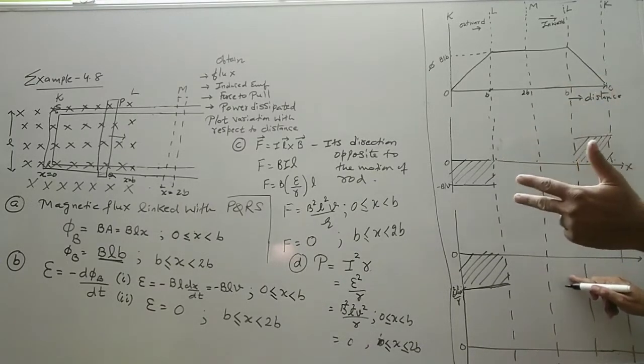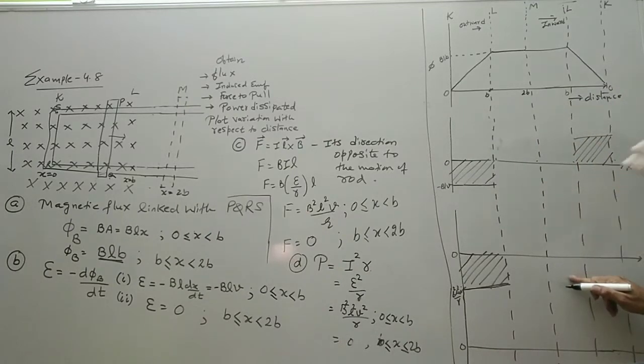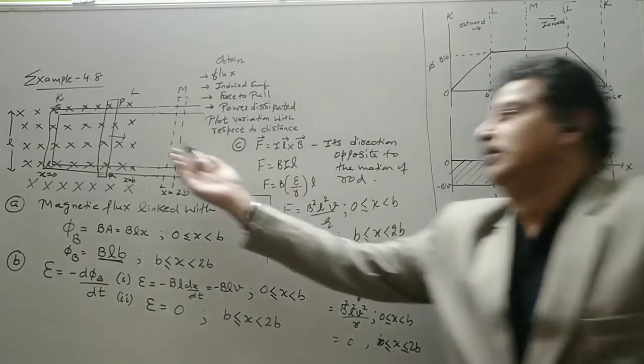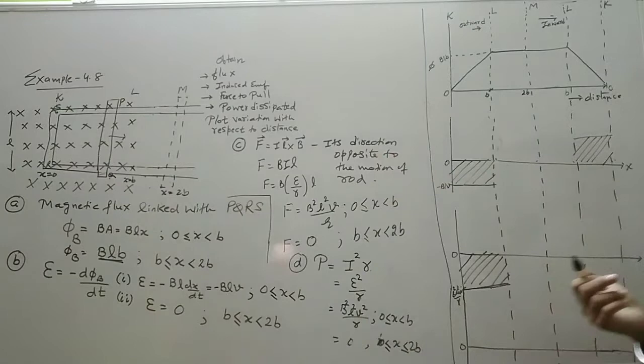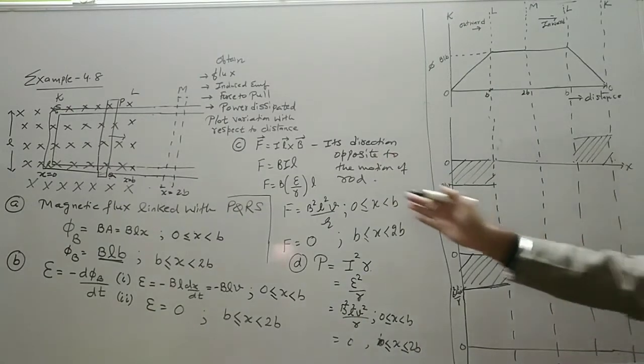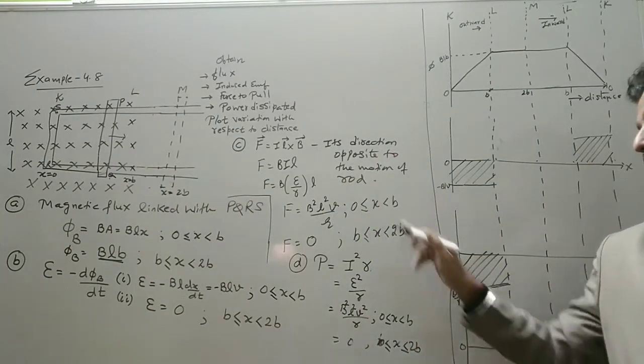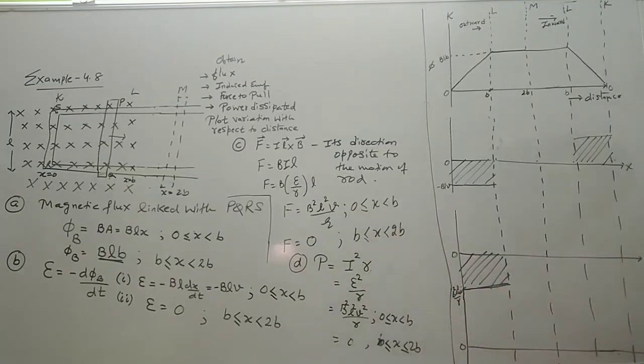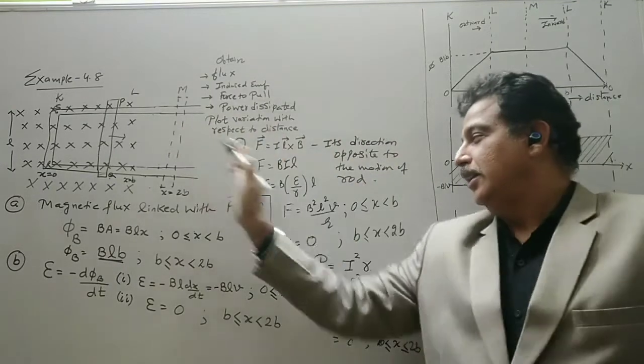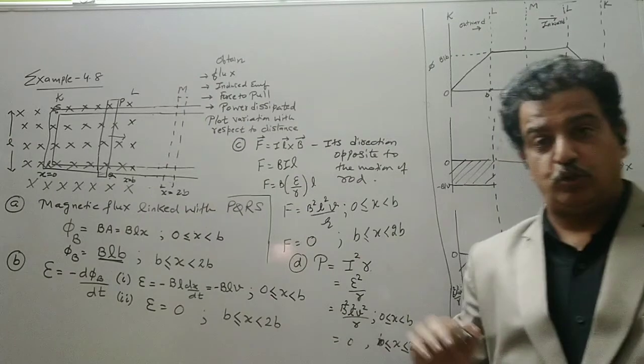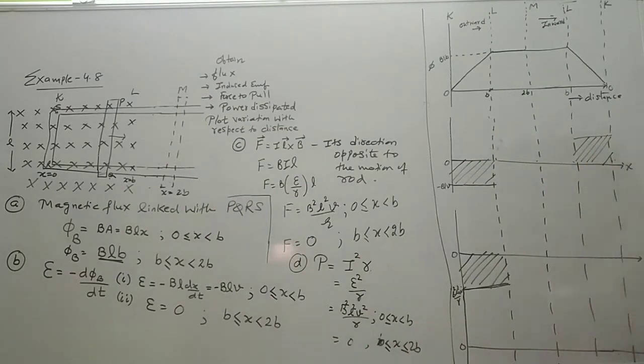When you move inward, the Lenz's force is opposite to you, so now our force becomes positive. While pulling out, we took it as negative because the Lenz's force was positive. Now when we move inward, the Lenz's force becomes negative, so our applied force becomes positive. This is the value, and this is the region for inward.